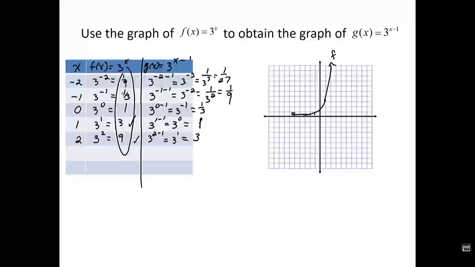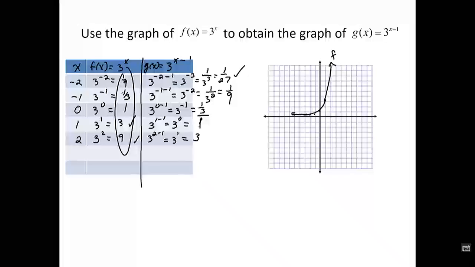All right, to graph g, well, we have the x and the y coordinates for g. We could also graph them. And if we did that, we would obtain what? For -2, we got 1 over 27. When x is -1, 1/9. 0 is 1/3, sorry, for g.